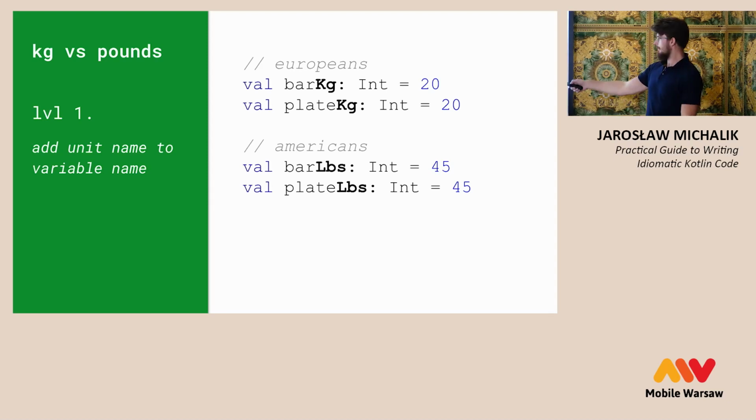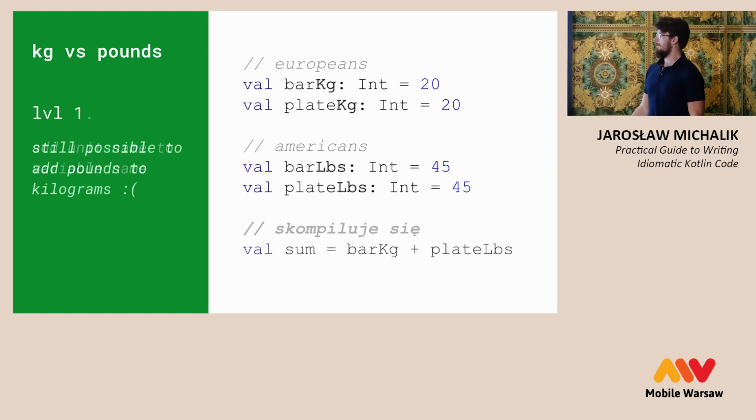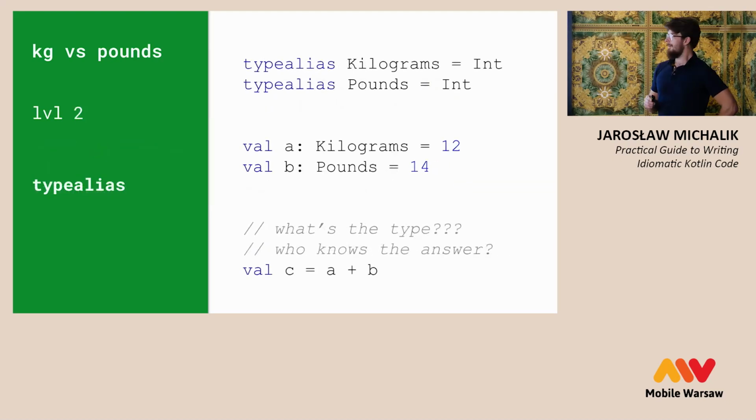Well, it's not stupid. It works because it's information for other developers. So we can add the unit name to the variable name. And this is pretty useful, but we can still add pounds to kilograms. So, yeah, it compiles.